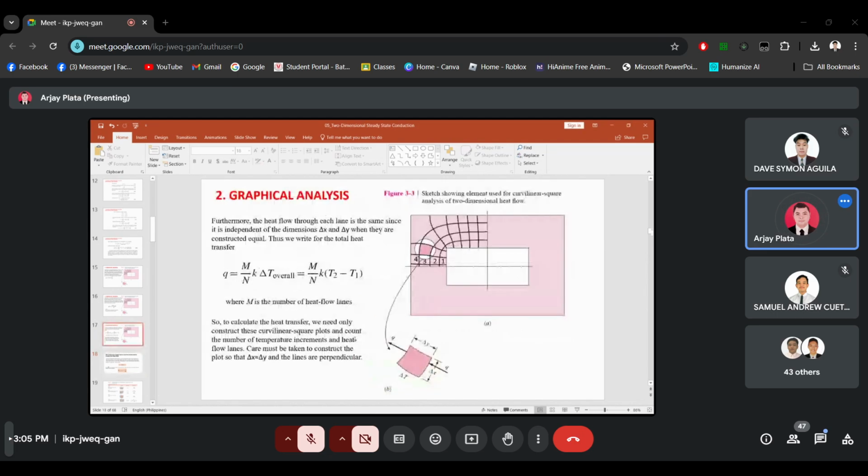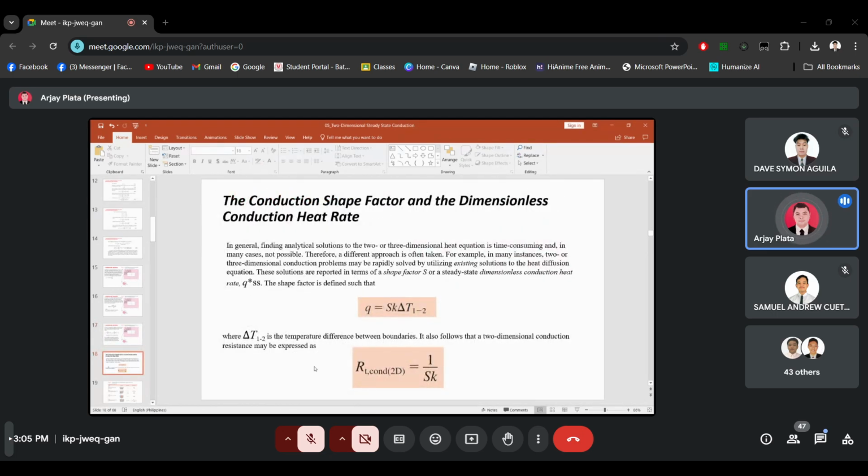The conduction shape factor and dimensionless conduction heat rate. In order for us to simplify the analytical solution, as I have said, in general, finding analytical solutions to the two or three-dimensional heat equation is time consuming, and in many cases, it's not possible.